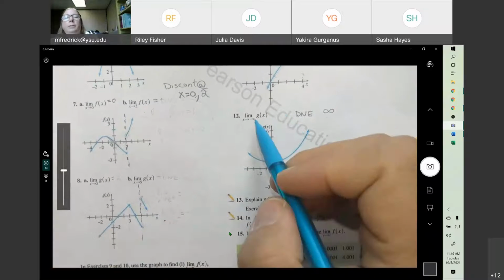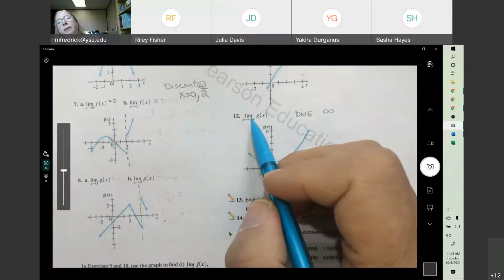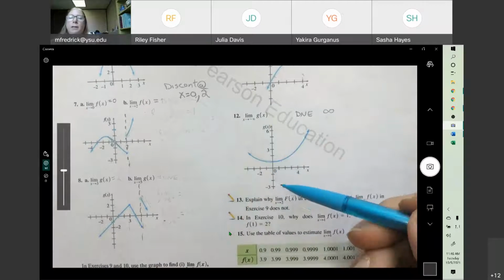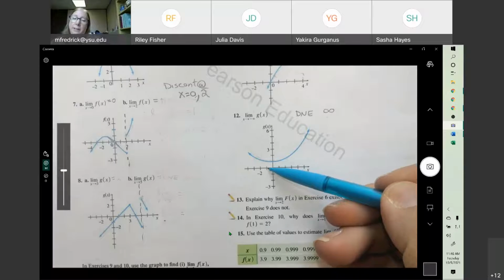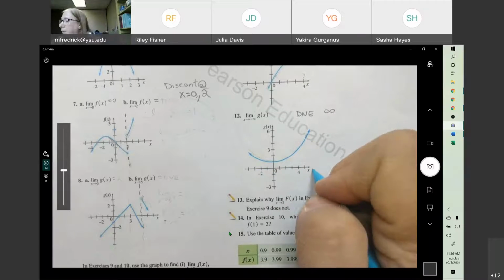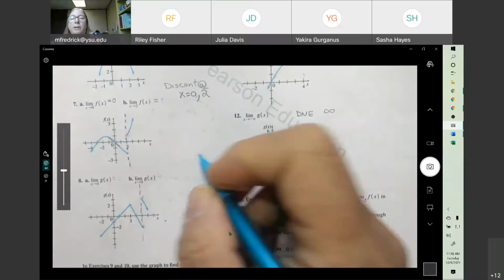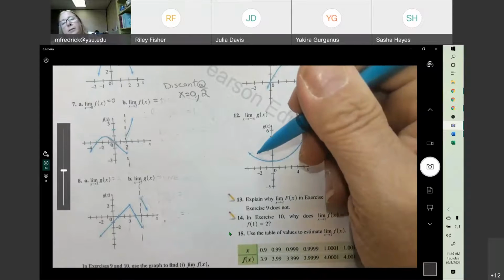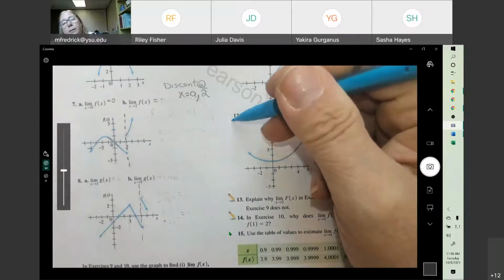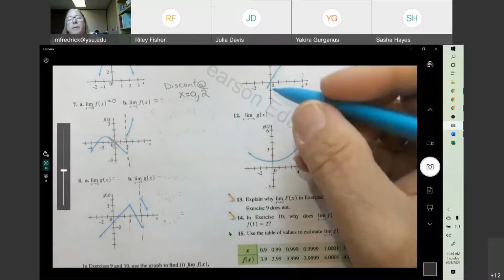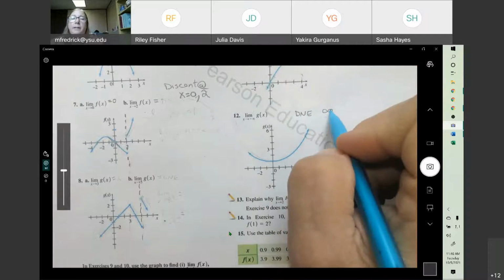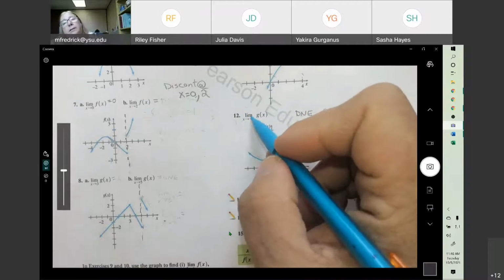If we look at this one, it's asking for the limit as x approaches negative infinity. So as x is getting this, remember this is your x-axis. As x is getting negatively large, so is my y value because it's going up. And that's why it's positive infinity, which means the limit doesn't exist.